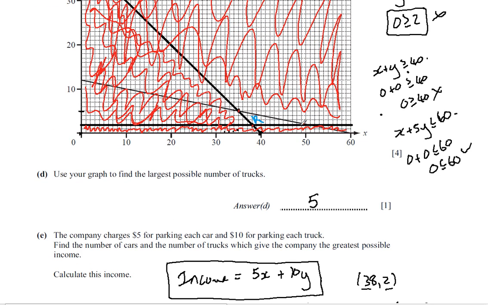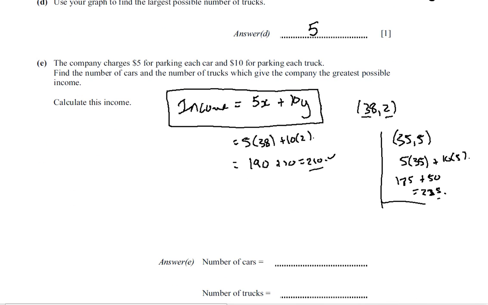And the last one, I think, is 50 and 2. So you have 50 cars and 2 trucks. The income is going to be 5 times 50 plus 10 times 2, which is 250 plus 20, which is 270.